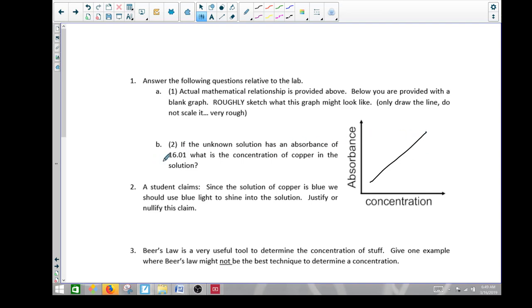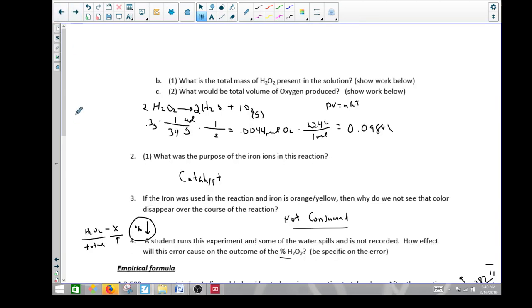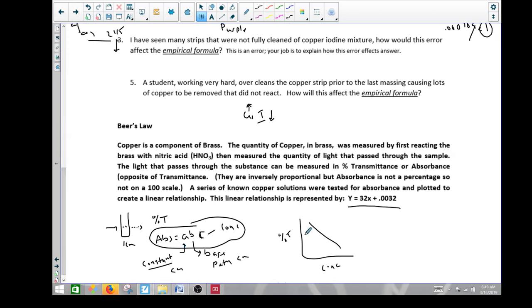All right, this next one is giving us an absorbance, which is going to be the y component. Solve for the concentration, which is x. So I'm going to use this formula. 16.1 is the absorbance, equals 32x plus 0.0032.